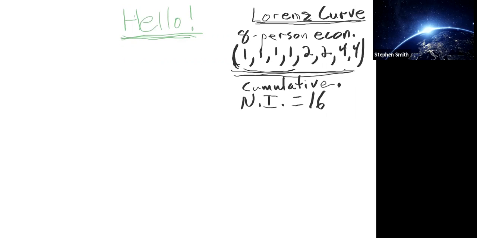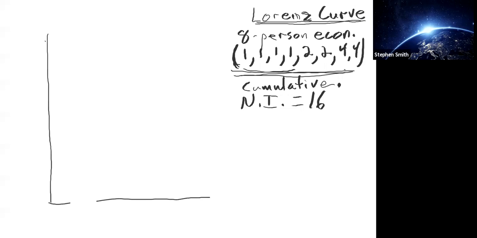So what I'm going to do next is to set up the Lorenz curve. And this we do by looking at our fraction of the population on the x-axis. You can do this in percentages if you want, but you have to be consistent. Over on the y-axis here, we have the fraction of the national income.